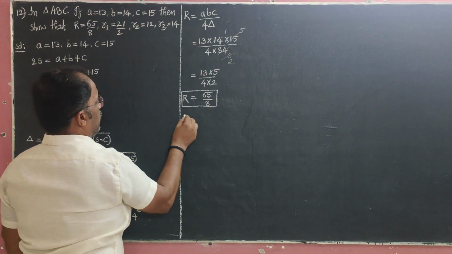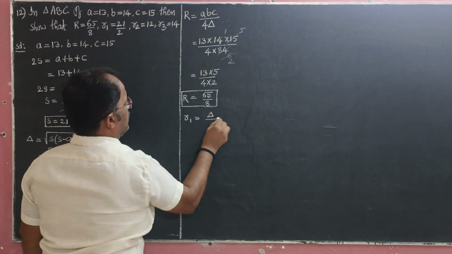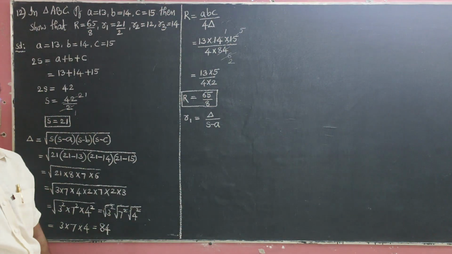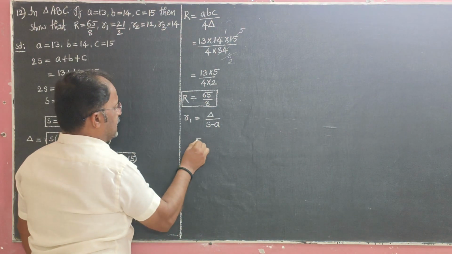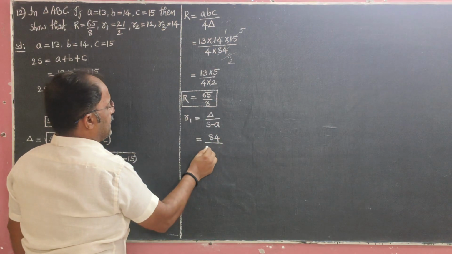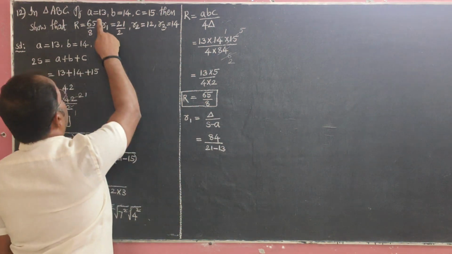Next, R1 value. Now small r1. Already we know the formula of r1 is delta by s minus a. Now what is delta value? Delta value is 84 and s value 21 minus a value is 13, right?